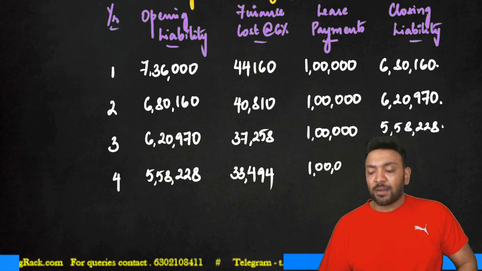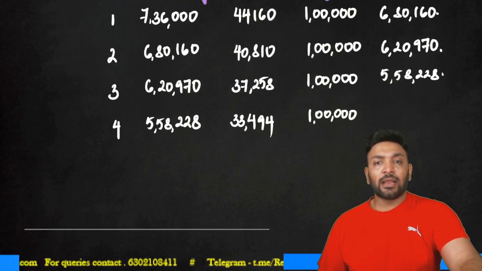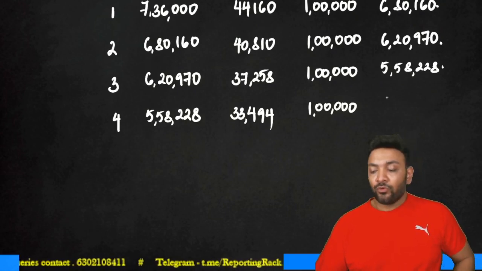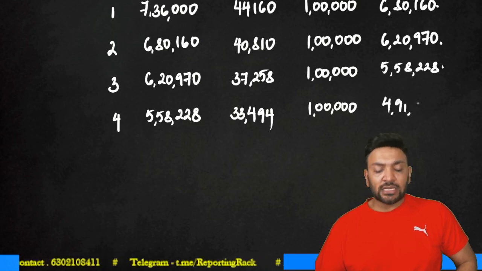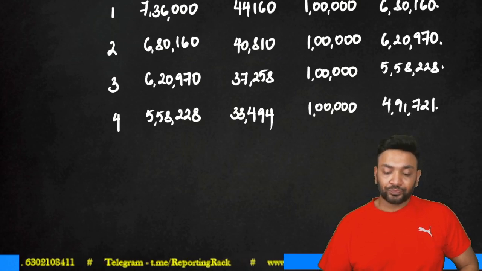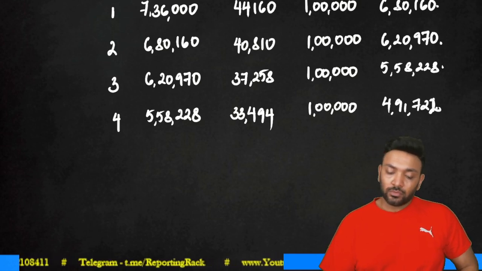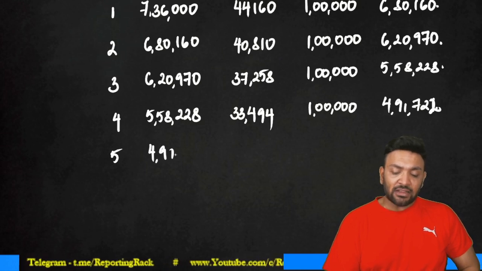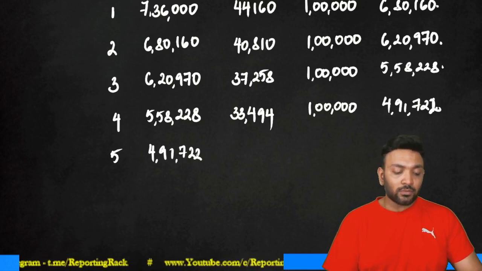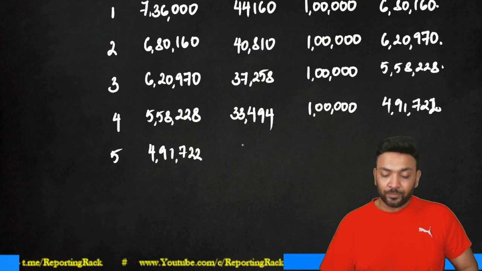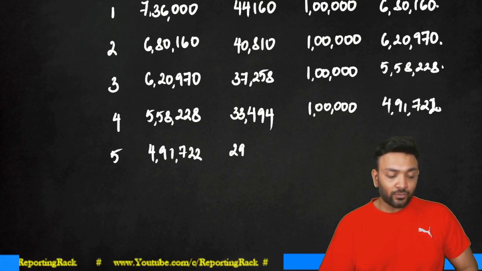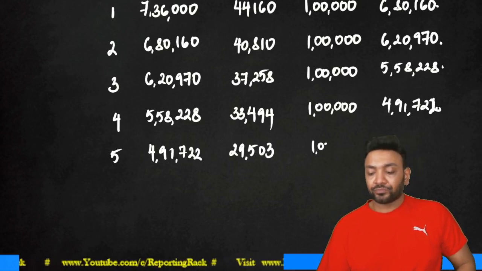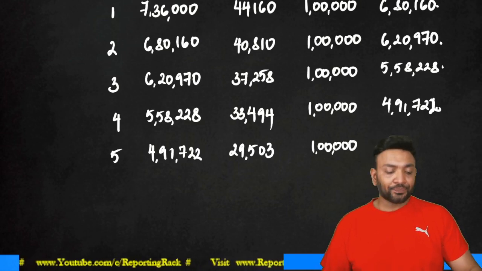Reduced by lease payment of 1 lakh. Determine the amount: 4,91,722. That's it. I'm coming to the last year. 4,91,722 multiplied by 6%, 29,503. 1 lakh.